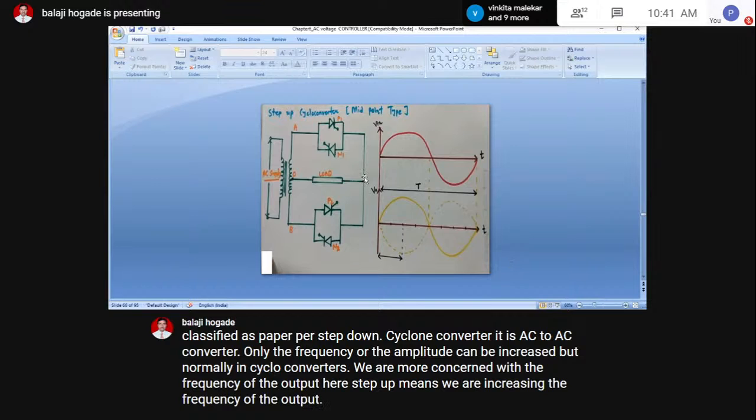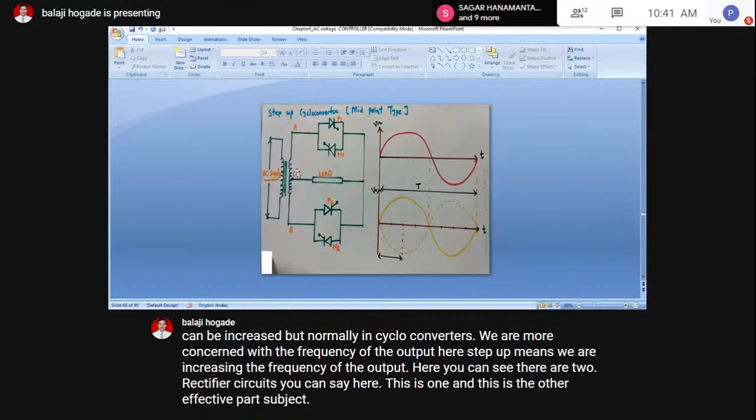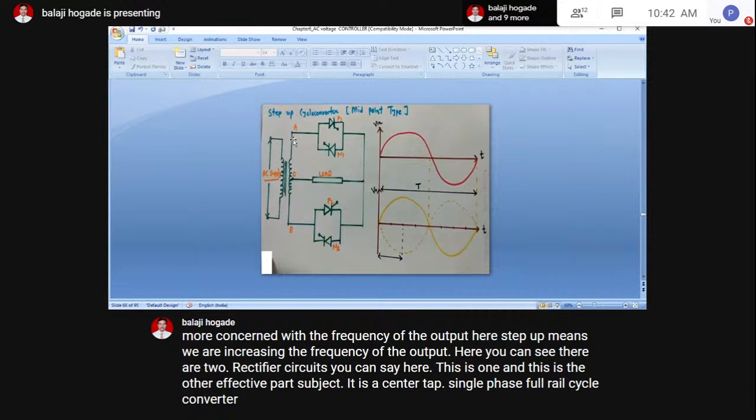Here you can see there are two rectifier circuits. This is one and this is the other rectifier circuit. It is a center tapped single phase full wave cycloconverter. You can see P1, P2, N1, N2.